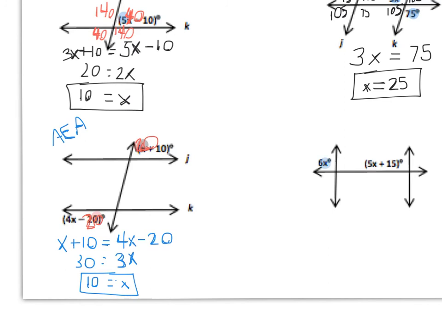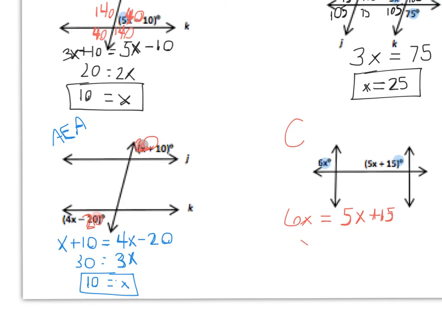So if I put a dot on my two angles that I'm given, what is the relationship between those angles? Well, they're corresponding. What do I know about corresponding angles? They're congruent. So 6x equals 5x plus 15.